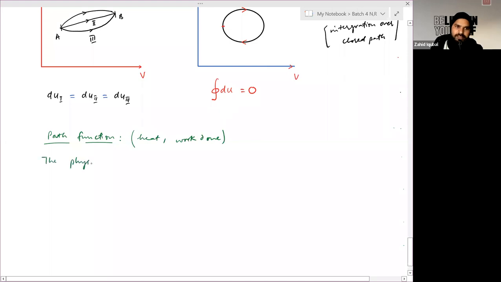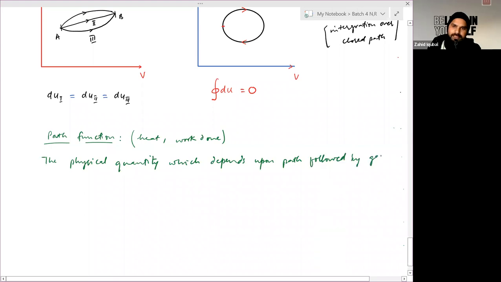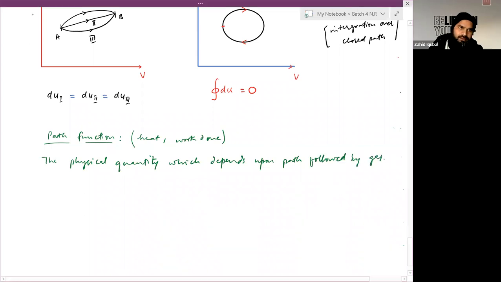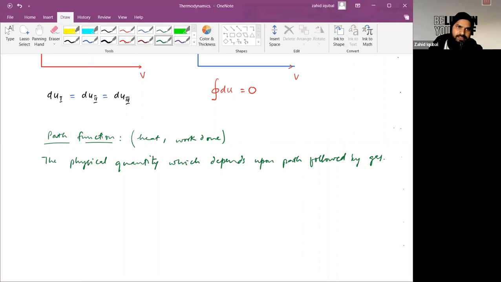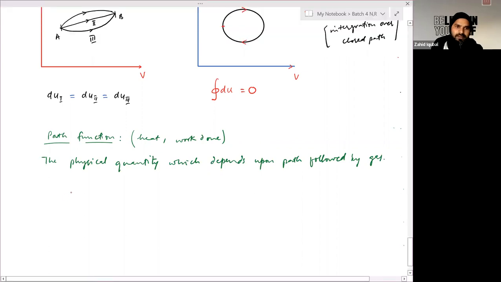The physical quantity which depends upon the path followed by the gas. So first is heat.